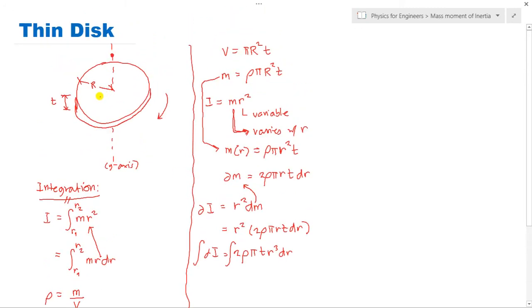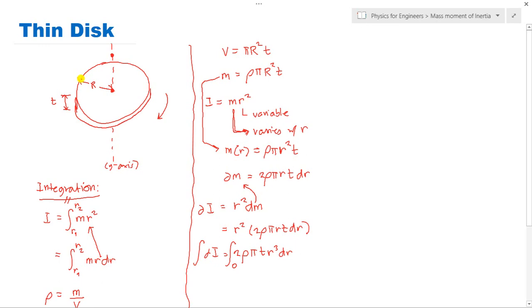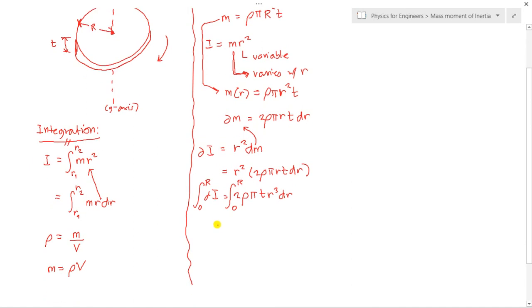For our thin disk, of course the radius starts at the center, so that is 0, until the outer radius of the disk, that is capital R. So 0 to capital R. The integral of dI is just I, so I is equal to this. We can factor out the constants, that is 2 rho pi t, then the integral from 0 to R of r cubed dr.